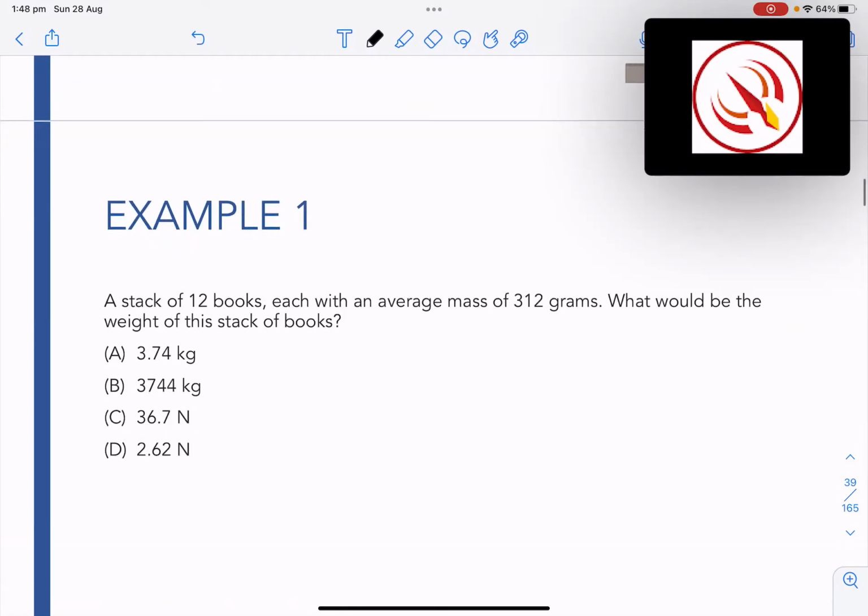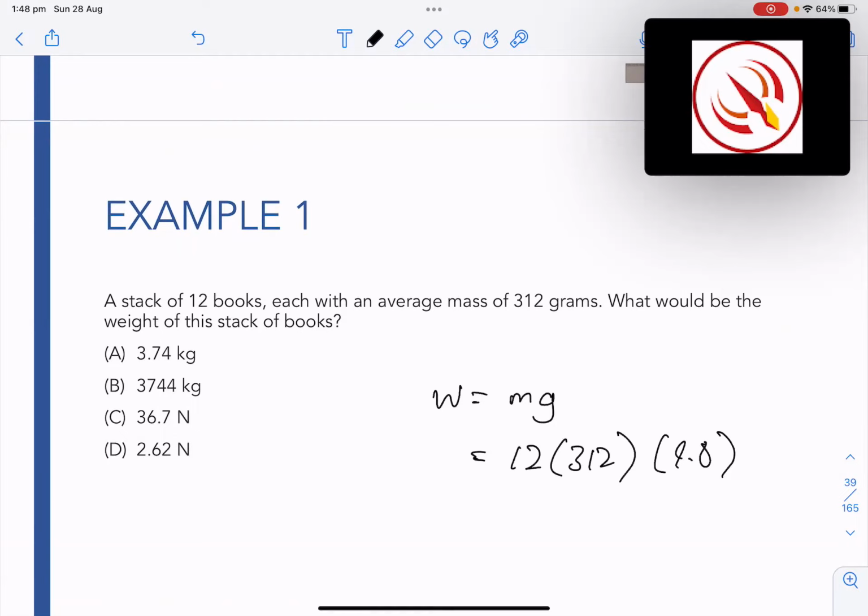First question: a stack of 12 books with an average mass of 312 grams. What would be the weight of this stack of books? The weight, we know, is mass times gravity, except we have 12 masses here. So 12 masses of 312 grams each, times the gravity of 9.8.